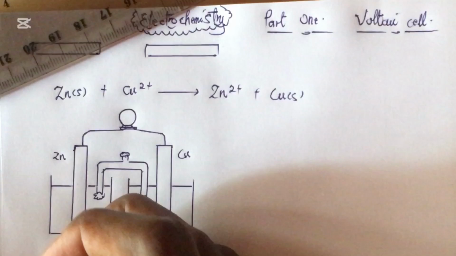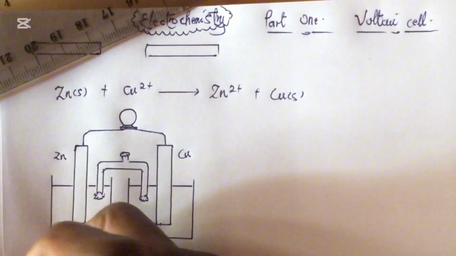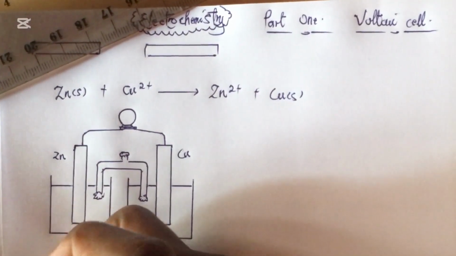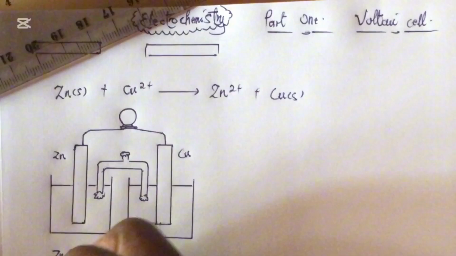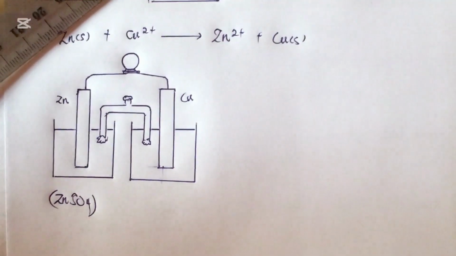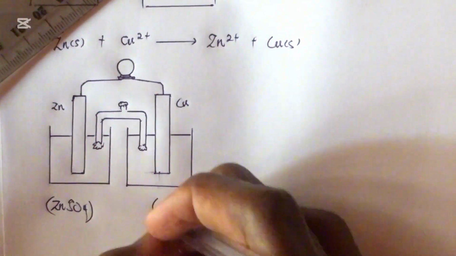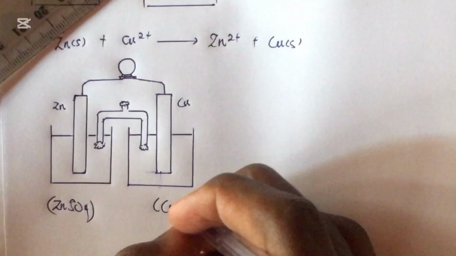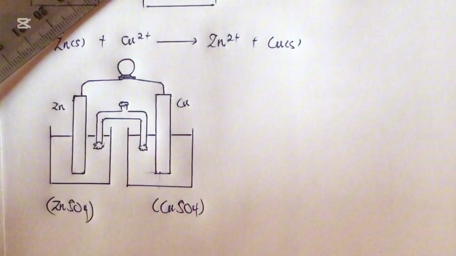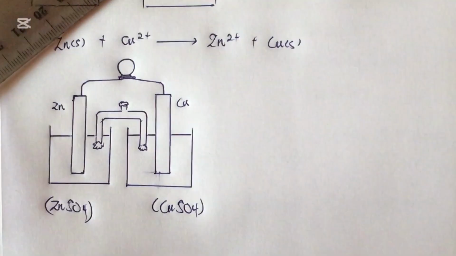So we may have our solution to be zinc sulfate. This will be our solution. Same way, we will have CuSO4 also. So this one is actually the solution.